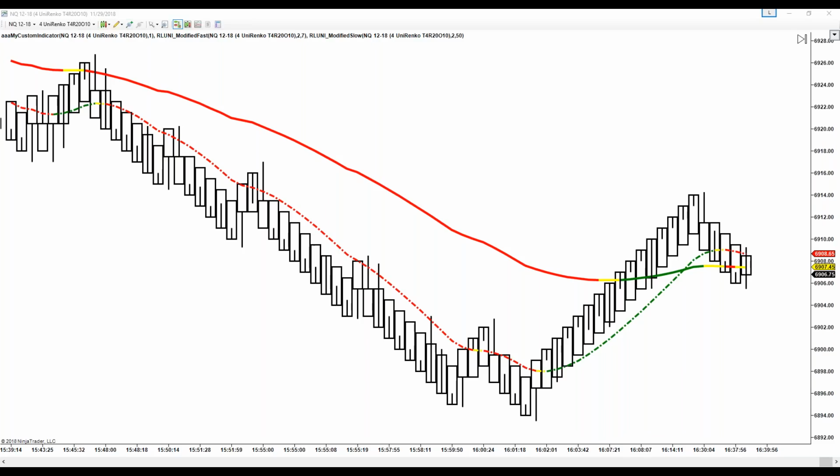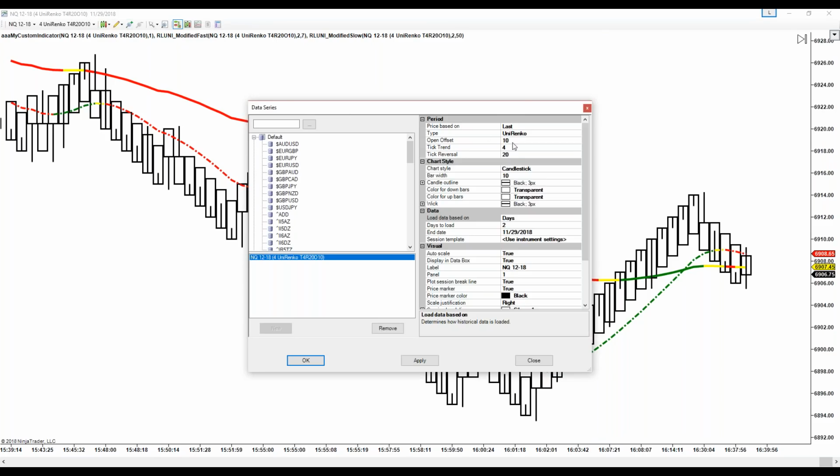Okay, this is Minal. There's no time frame here. This is a 4 Unorenko. Unorenkos are measured in the size of the tick trend. So a 2 Unorenko, every 2 ticks, new candle. 4 Unorenko, every 4 ticks, a candle. 6 Unorenko, every 6 ticks, a candle.